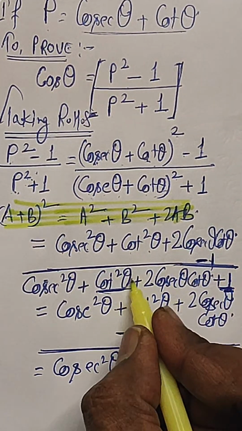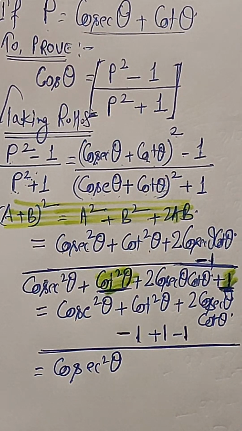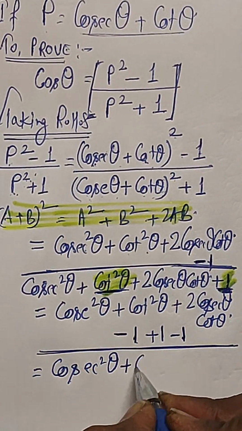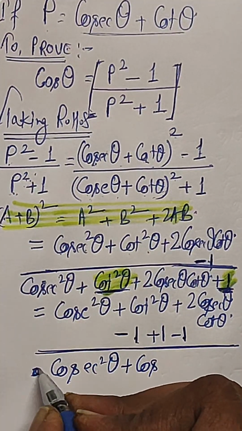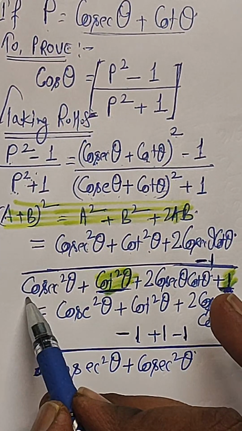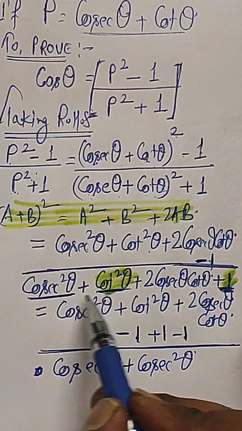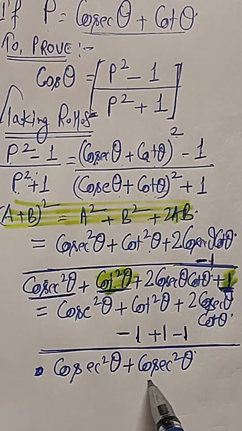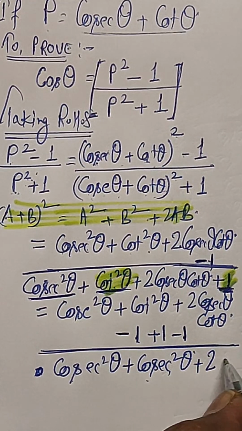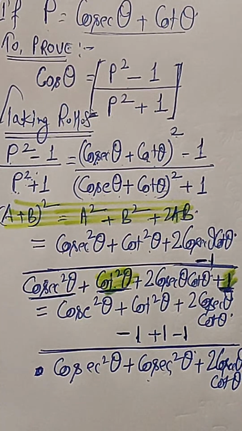Into the denominator, this cot square theta plus 1 will become cosec square theta, isn't it? Cosec square theta again. So into the denominator there was a cosec square theta, right? Perfect. And here cot square theta plus 1 will become cosec square theta, then 2 times cosec theta and cot theta, right?